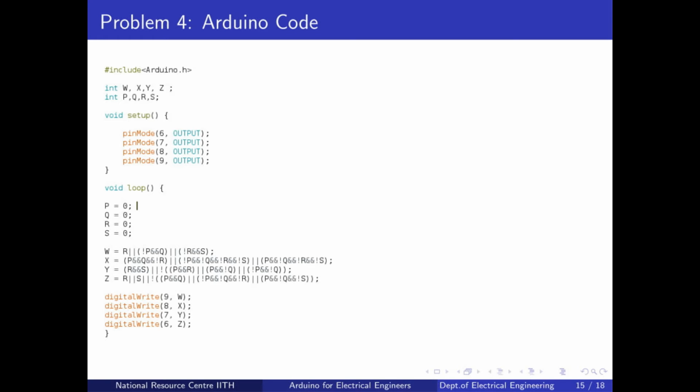And here is the syntax for W, X, Y, Z. The computational output will be fed to the LEDs with the help of the digital write command given to the particular pin number. So let's dump the code and verify the output by hardware demo.